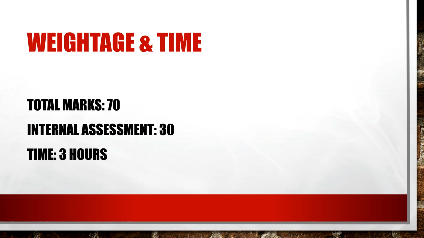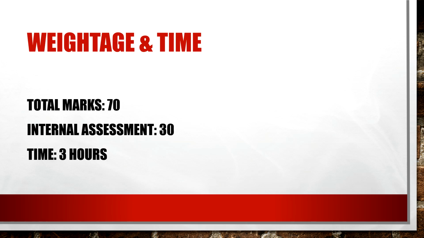Okay, so now let me discuss the weightage and the time. The total marks for the written paper are 70, with viva and practical, which would be your internal assessment by the external examiner, of 30 marks.